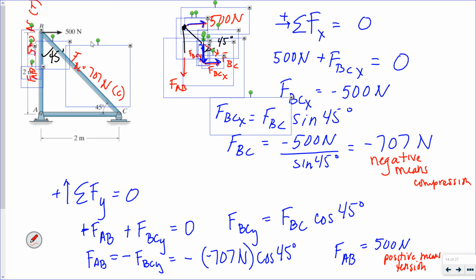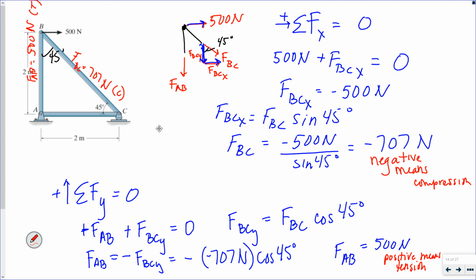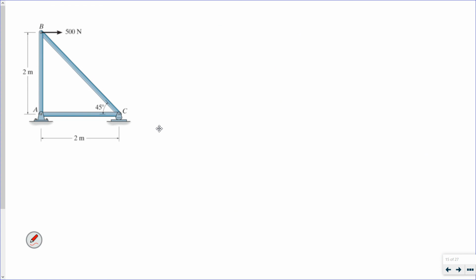So all I did was solve for equilibrium at B, because I could do that because I had one known force and two unknown forces. Now I'm going to move on to joint C, right?